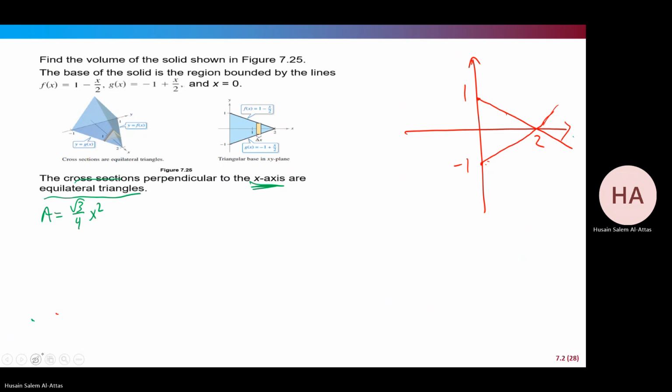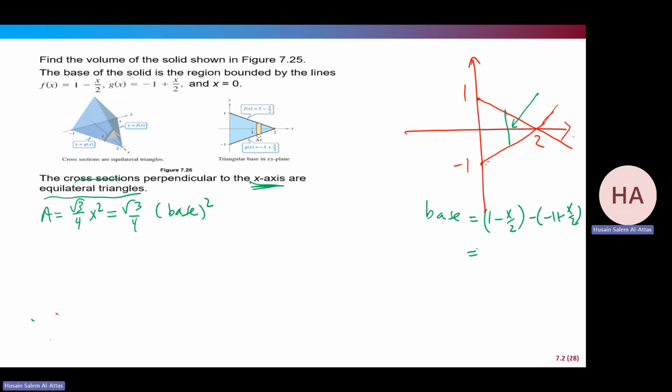I need the base, which is square, with square root 3/4. So what will be the base? It will be the first line, 1 minus x/2, minus the second line. And that gives me 2 minus x.